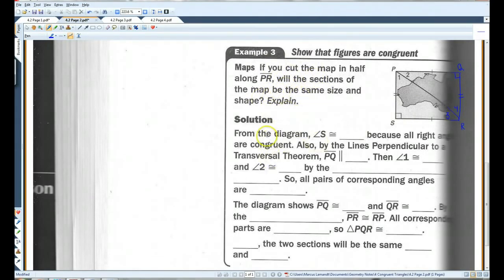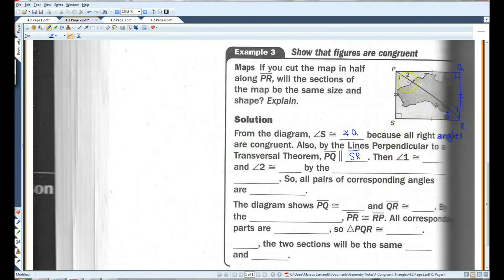Alright, from the diagram, angle S is congruent to angle Q. Because all right angles are congruent. Also, by the lines perpendicular to a transversal theorem, PQ is parallel to SR. Okay, because 2 lines perpendicular to the same line have to be parallel to each other.